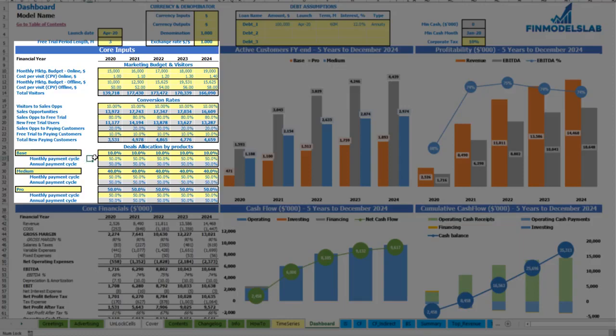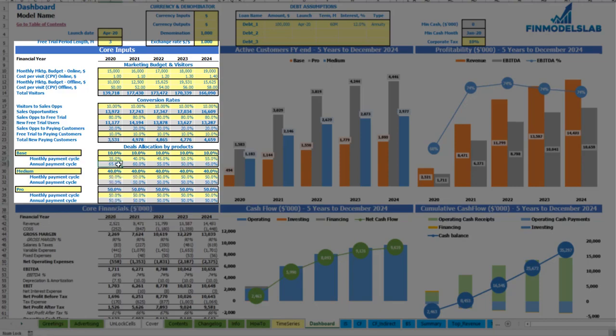And the final step, you should allocate for each offering your new customers breakdown, which goes to monthly payment cycle and annual payment cycle, or upfront 12 months payment with some discount. So again, you can use different percentages across the years, like 35, 40, 45, 50 and 55%.